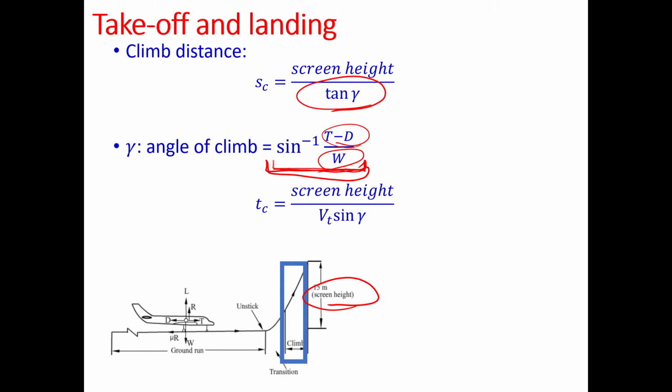Okay, so angle of climb can be calculated by taking the inverse of sine of T minus D over W. And the time of climb, so essentially the time it takes to go from here to here, can be calculated by this equation, screen height over V_t multiplied by sine of gamma.